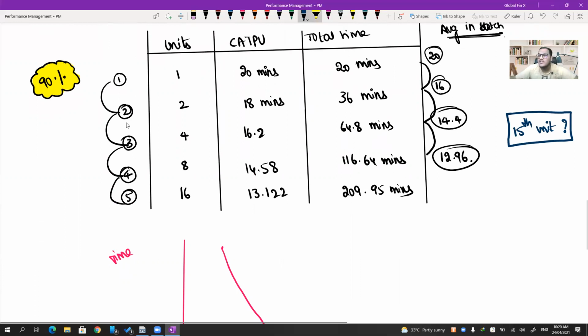I'm not asking average time. What is the time taken for the 15th unit exactly? Not the average unit time from 8 to 16. 8 to 16 you can calculate, but not exactly the 15th unit.